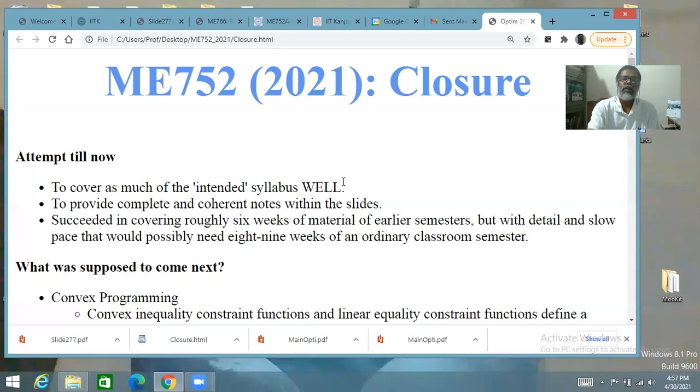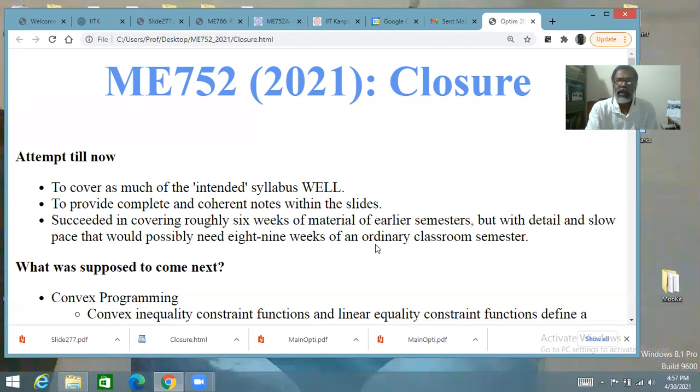Now we are declaring the course over, which basically means that the exam will cover till that point. That doesn't mean the subject has only this much. The subject has much more. We'll discuss that briefly.